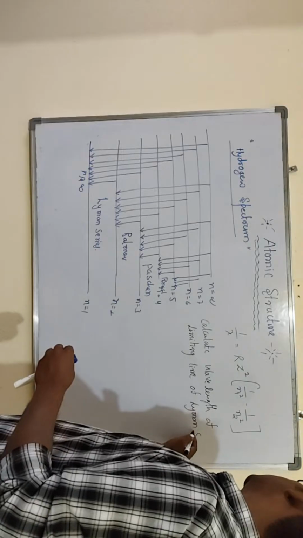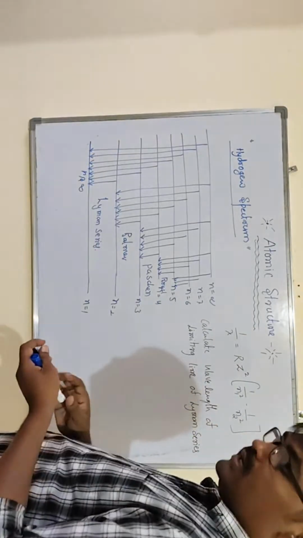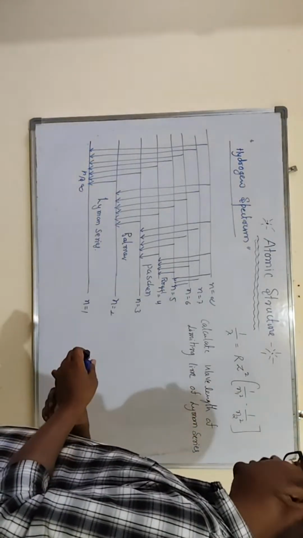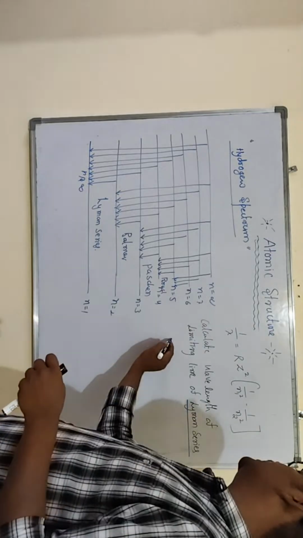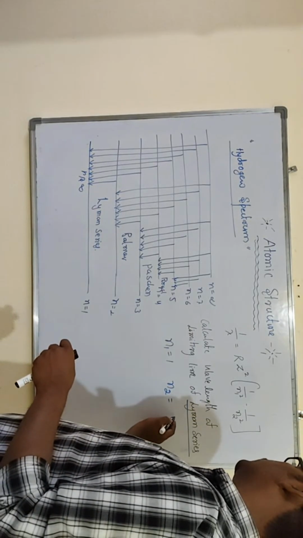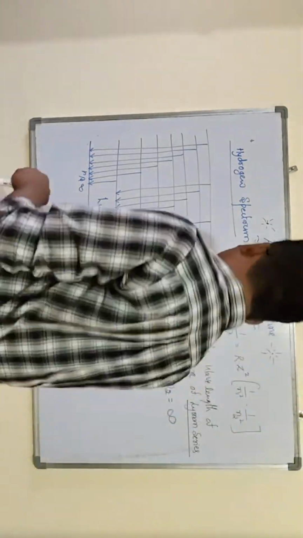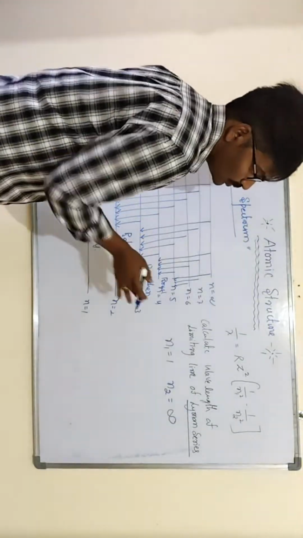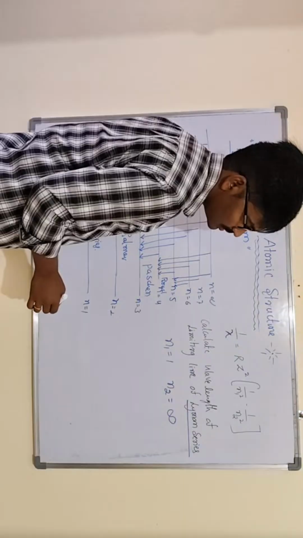Remember, the limiting line is as I told. For Lyman series n1 value equals 1, n2 value equals infinity. Now we have to substitute all these values in this formula.